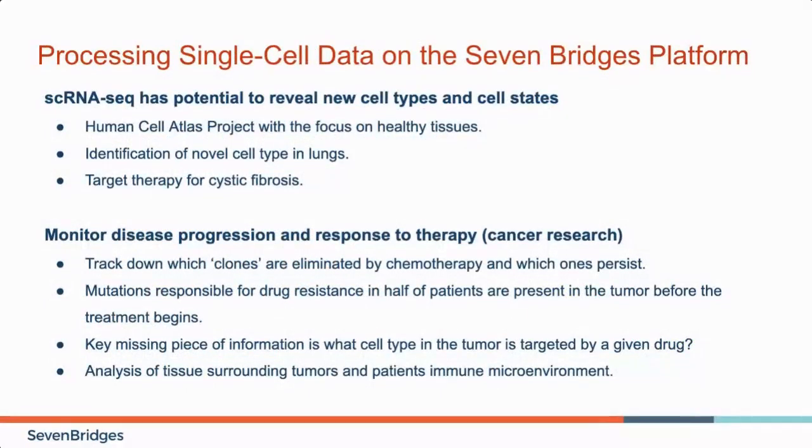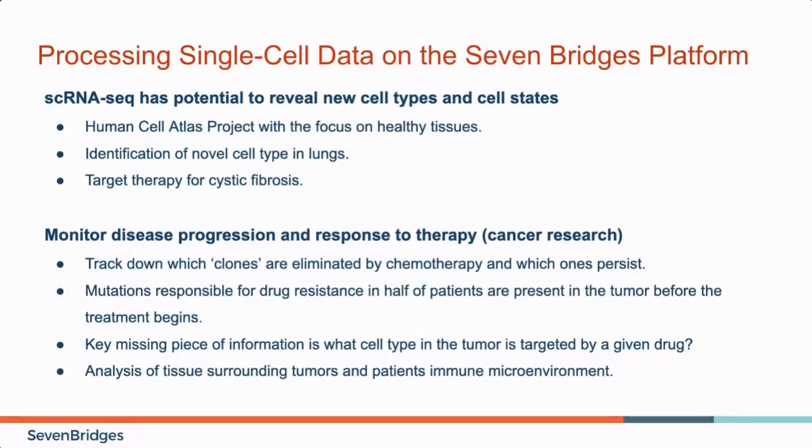I would like to finish this presentation with a couple of ideas for application of single-cell sequencing and how the Seven Bridges platform could be facilitated for future clinical trials. We mentioned the Human Cell Atlas project that aims to characterize every cell type with the focus on healthy individuals. This information is crucial for understanding how disease states are different from healthy tissues.